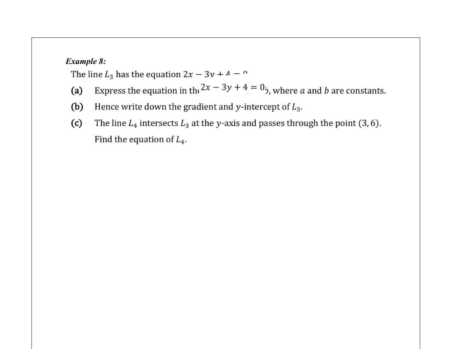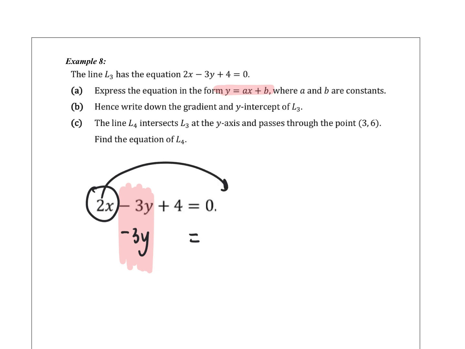Okay, this one, I have an equation. And they say, can you change it to gradient-intercept form in this way? So they give you a hint, change it to y equals something. So meaning I want to keep my y here and everything else that is not the main cast throw to the other side. So this one I shift to the other side, becomes -2x. This one I also shift to the other side, becomes -4.